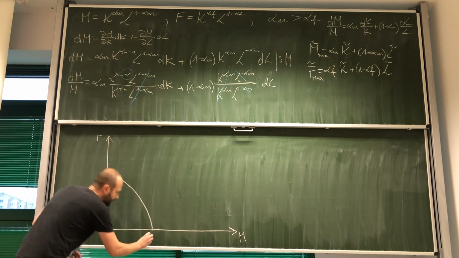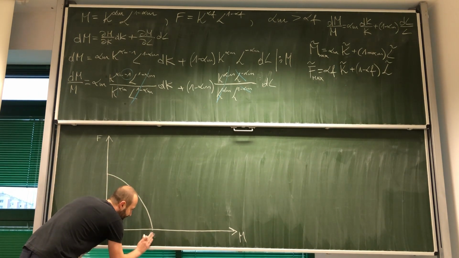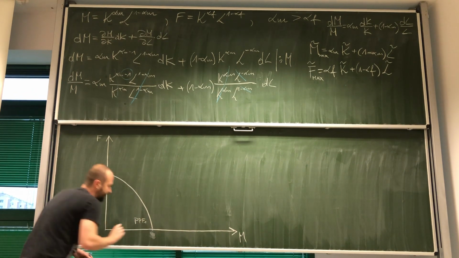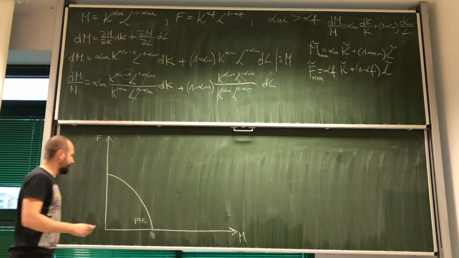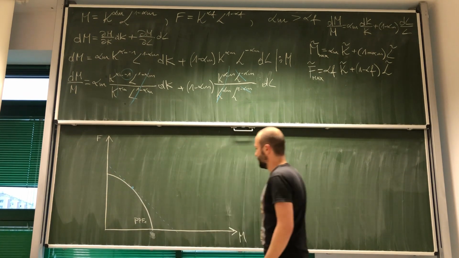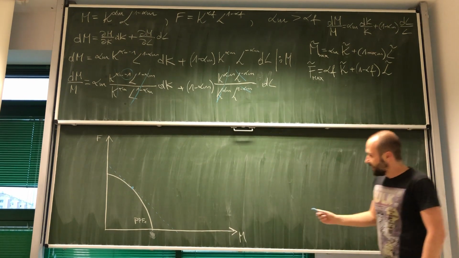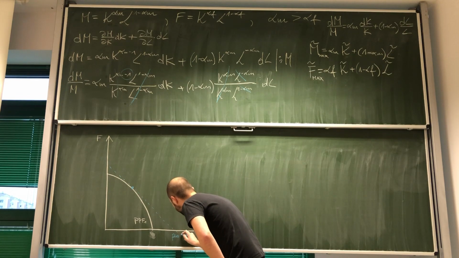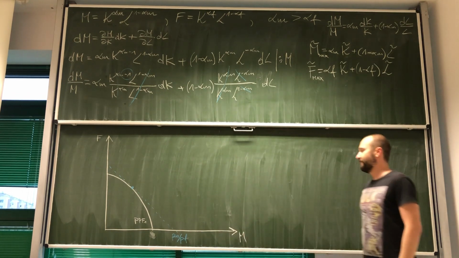Let's call this one PF1. And okay, let's just say that this is going to be this point. So we've got here the line, and this line is showing us the ratio of price of manufacturing to price of food.